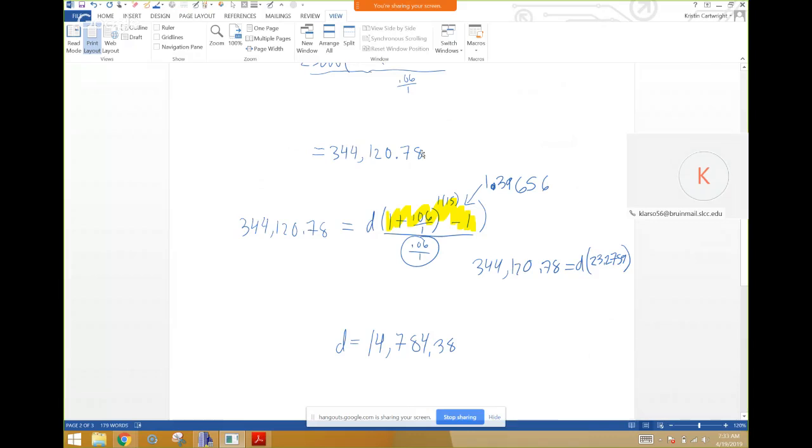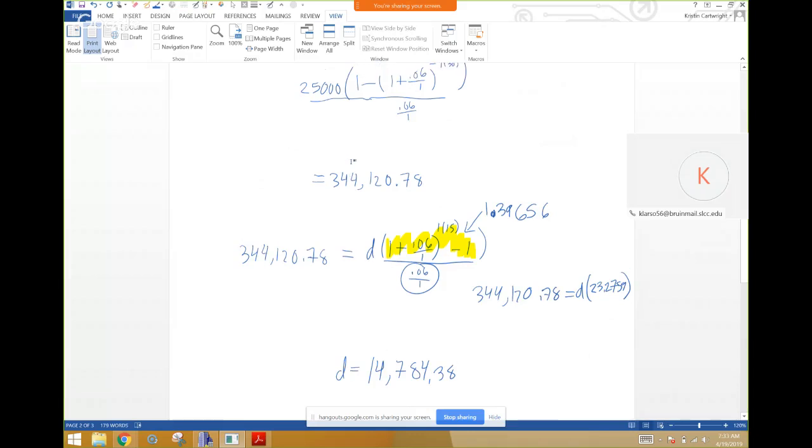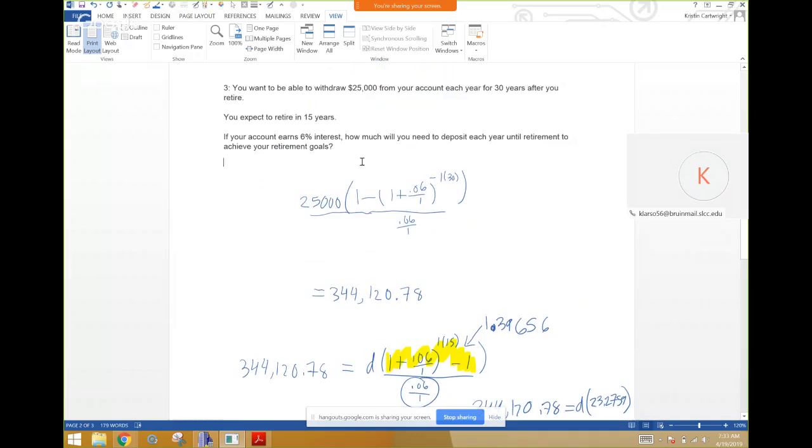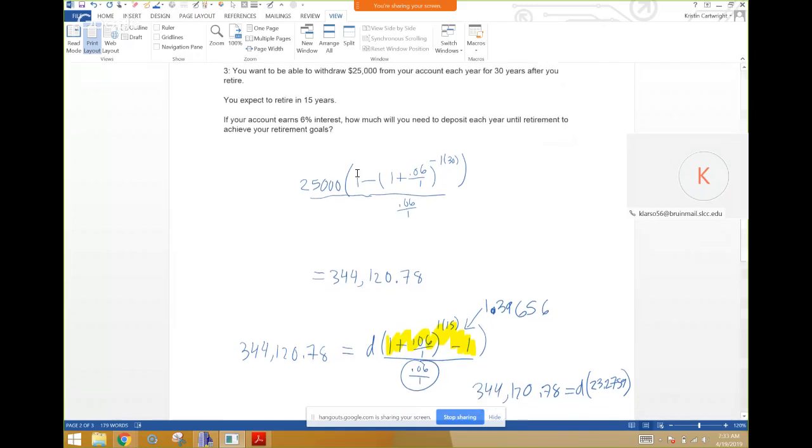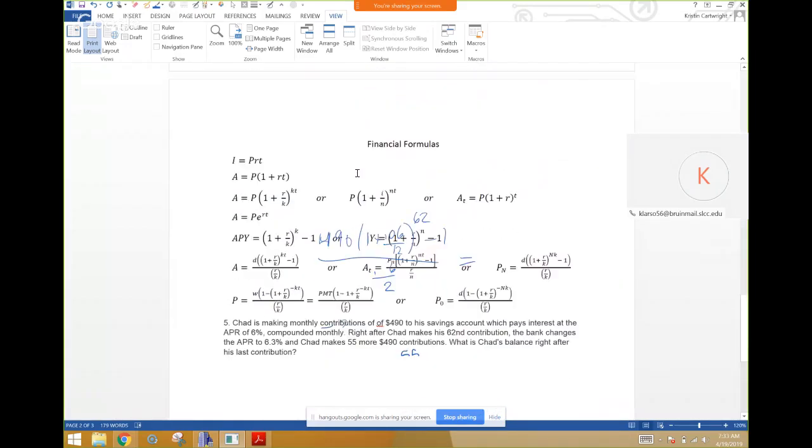Even though you only put in 221, it turned into 344 because of that compounding interest over the 15 years that you were saving. And then beyond that, you were able to withdraw 25,000 for 30 years, which is 750,000. So with only putting in 221, you were able to withdraw 750 over the course of your retirement. So again, pretty cool to reflect on that.